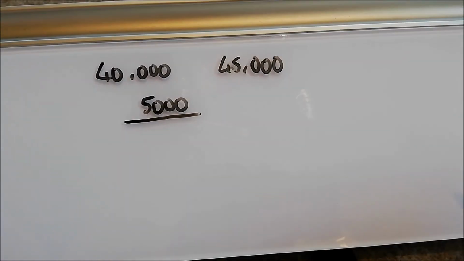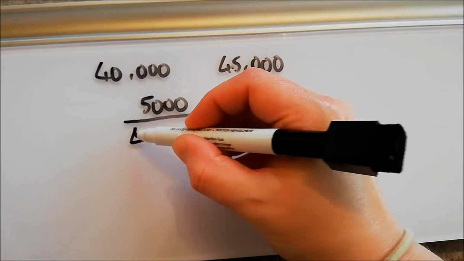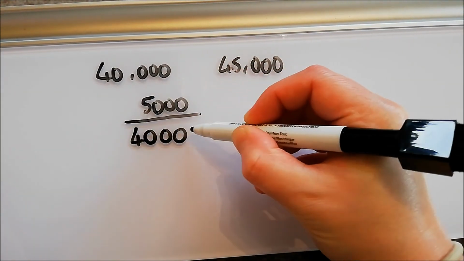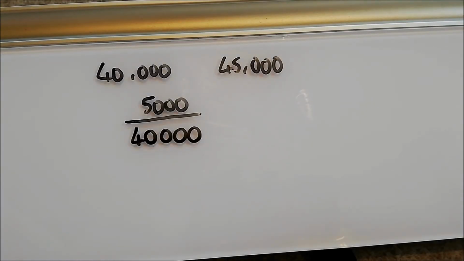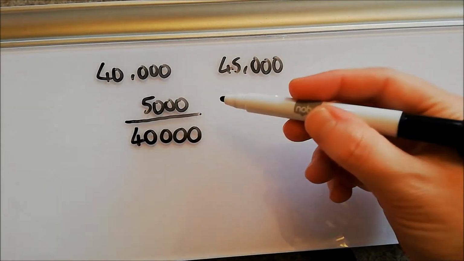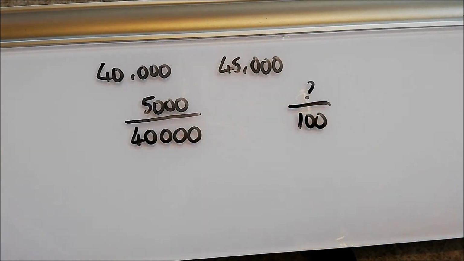The original value was the 2018 profit. That's the earliest one that's referred to. So we put 40,000 on the bottom. And then what we're being asked to do is express that as something out of 100.